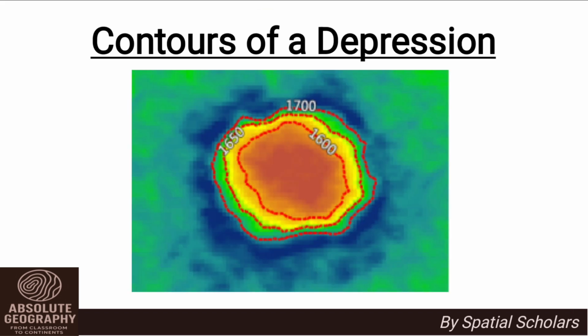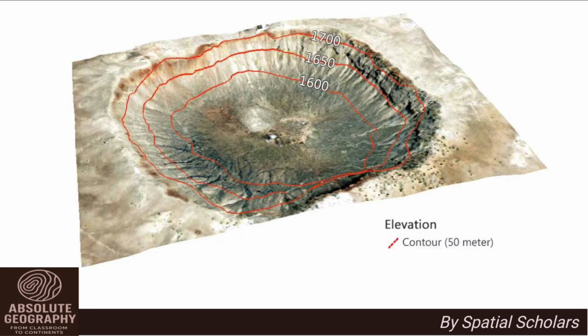The Earth's surface does not only have highlands, it also has low-lying areas such as lakes, hollows, and craters. The contours of a depression are similar in shape to those of a hill, except that the innermost contour has the lowest height and the outermost contour has the highest.